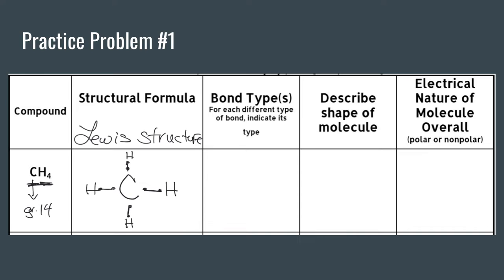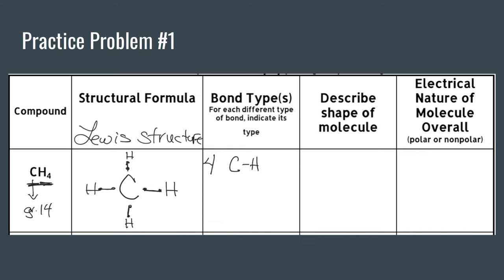Then we're going to talk about the bond types. We only have one type of bond, and they're all the same: 4 carbon to hydrogen bonds. We want to figure out, is this polar or nonpolar? To figure that out, you're going to need the electronegativity sheet that you got yesterday in class.